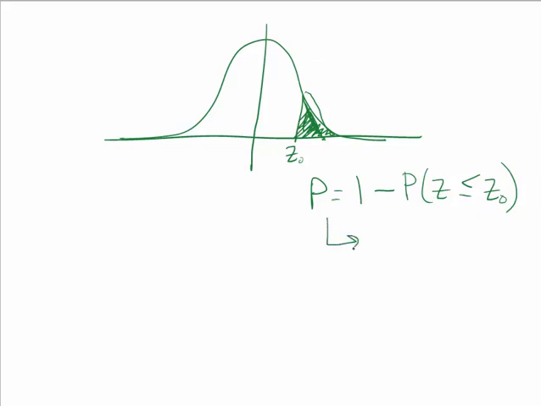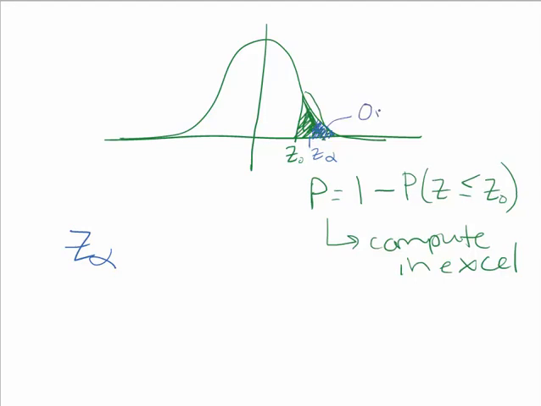In order to do that, we can compute this in Excel. So again, we use that norm S distribution function. Before we go in and actually calculate that, I want to talk about the z alpha. And the z alpha here, again, is just some value of z where we know that the probability, which we're going to shade in here, is 0.05.